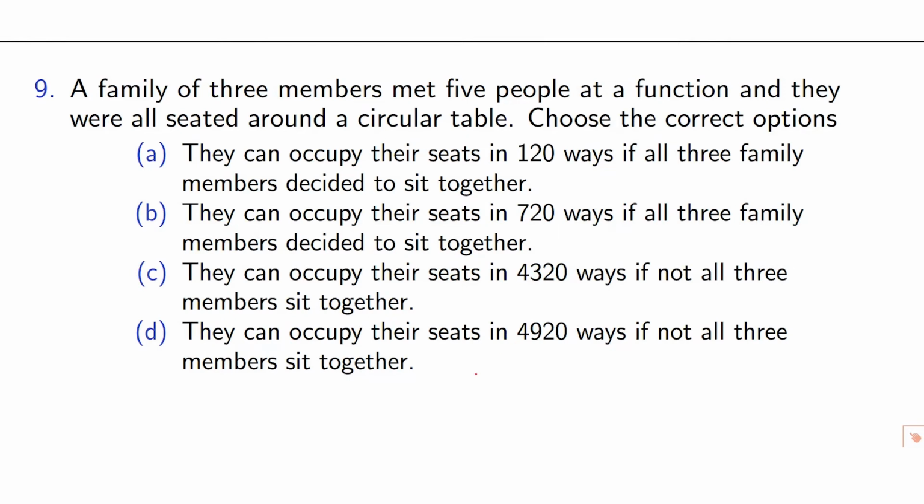So let's count. 3 family members are meeting 5 people. So a total of 8 people are supposed to sit around a circular table. But if all the 3 family members decide to sit together, then consider all 3 family members as a single person.